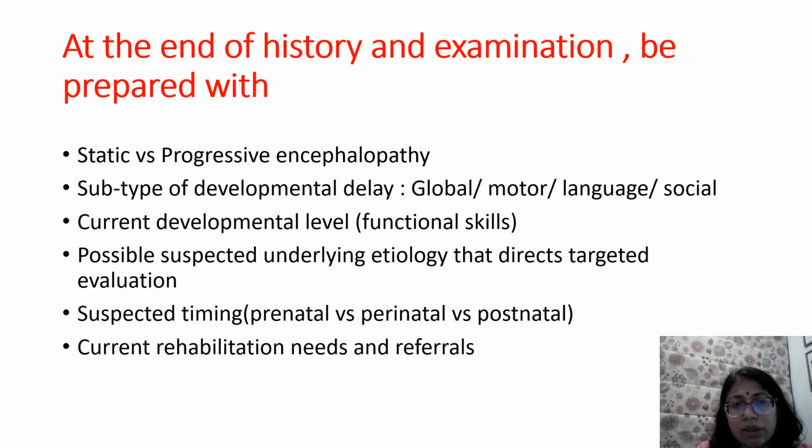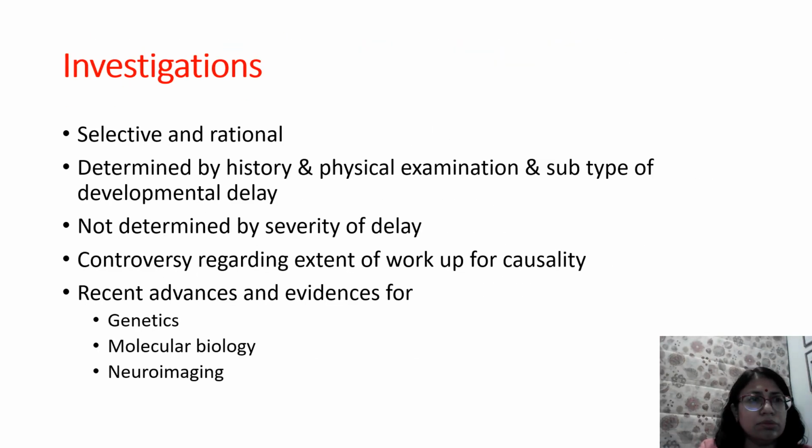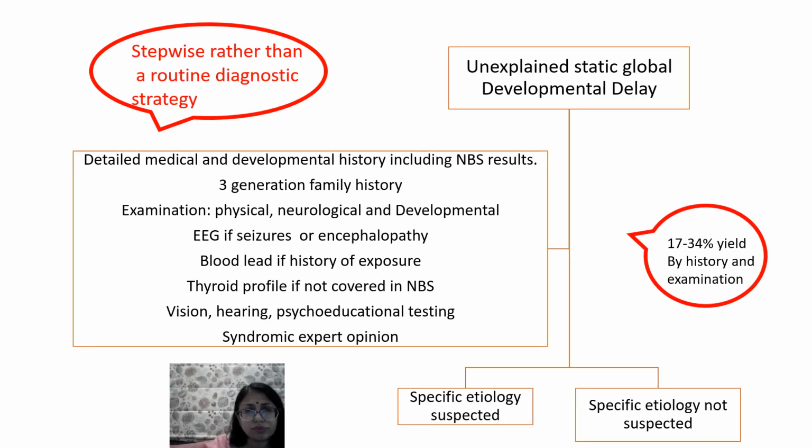Beyond that, in fact, the American Academy of Pediatrics and American Academy of Neurology say that when we have an unexplained, static, global developmental delay, we use a stepwise approach, and by the history and examination itself, we will have a 17 to 34% yield of the causation.